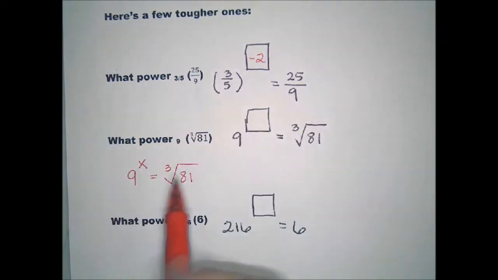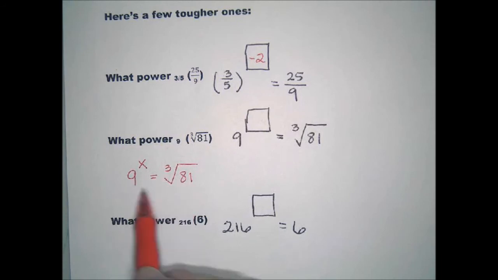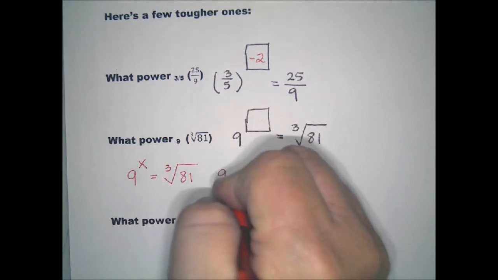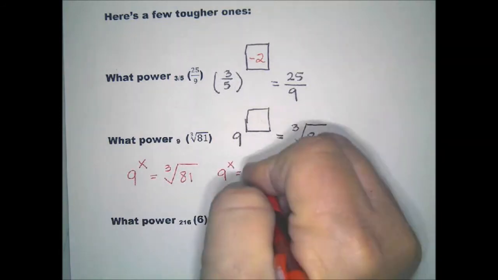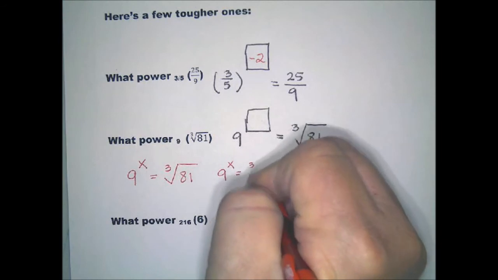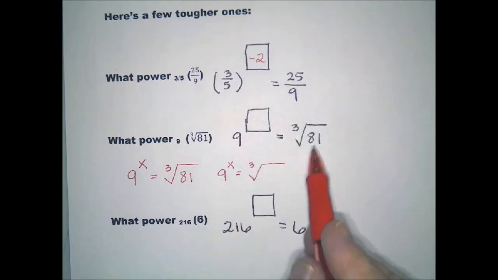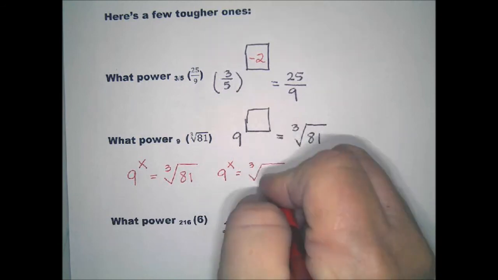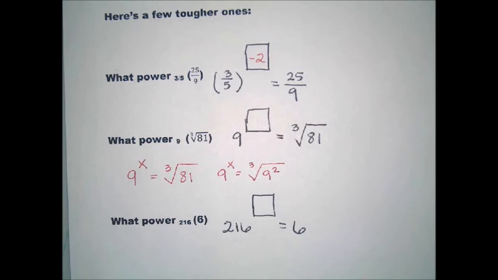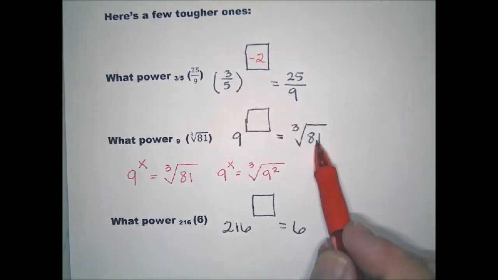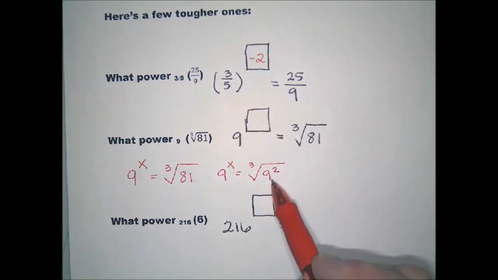Well, what we're looking for is what they call common bases. So what I see is 9 raised to the x power equals the cube root. I'm going to rewrite the number 81, because I can rewrite that number 81 to be 9 squared. All I did was turn the number 81 into 9 squared.